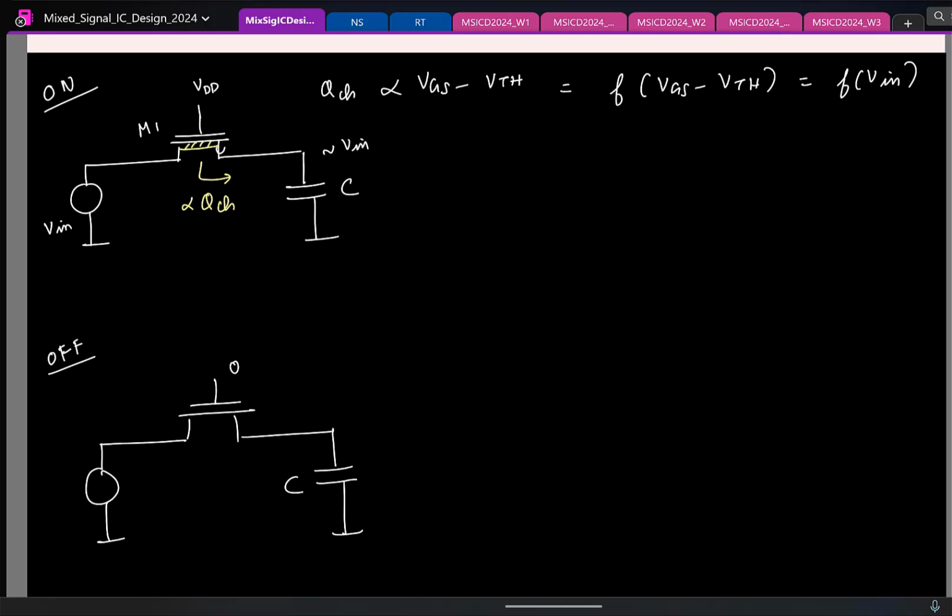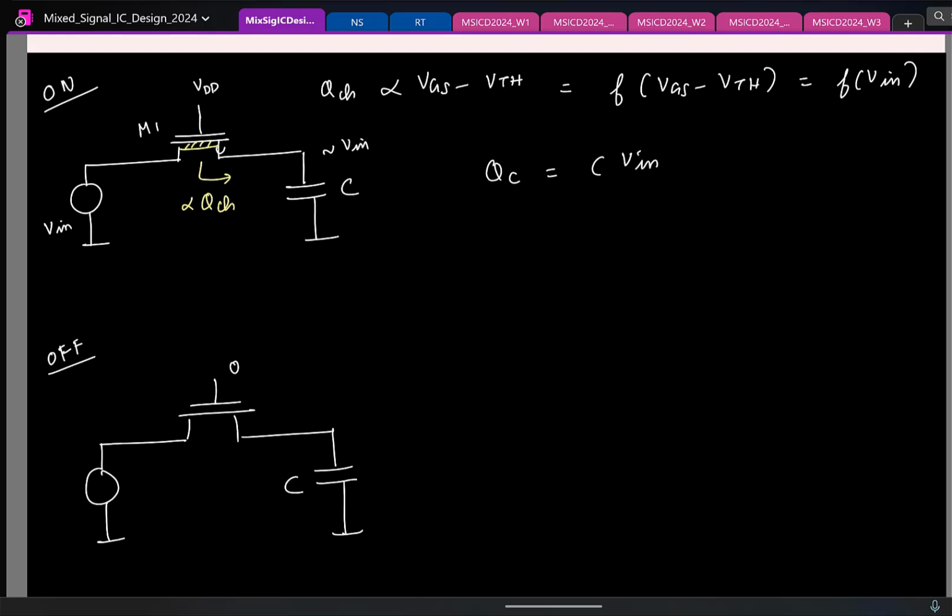So ideally, when I turn the switch off, if you don't consider the effect of this channel charge, what will be the charge stored in the capacitor? Ignore this extra channel charge. When the switch is working properly, the charge stored should be C times Vin.